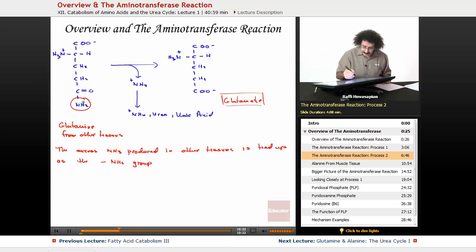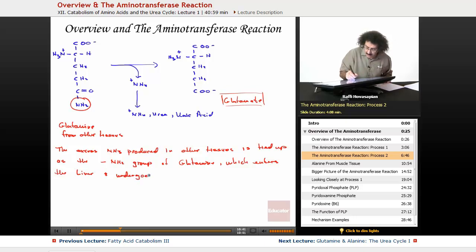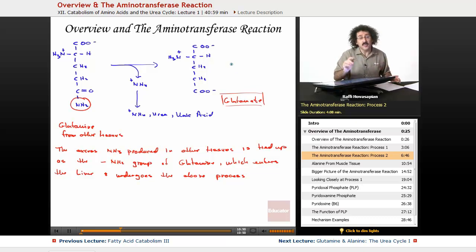It's this NH2 group of glutamine, which enters the liver and undergoes the above process. So again, glutamate is very, very central here. Okay.